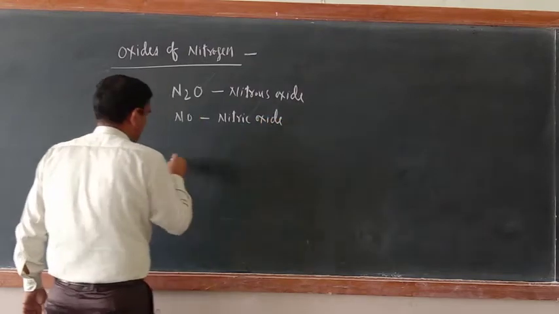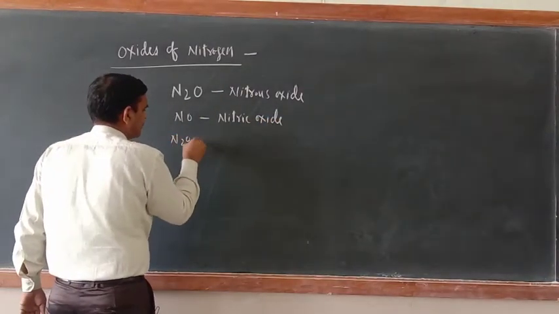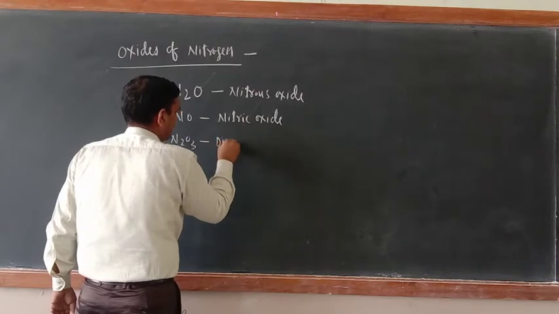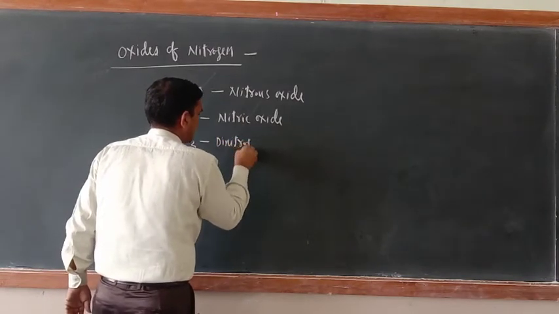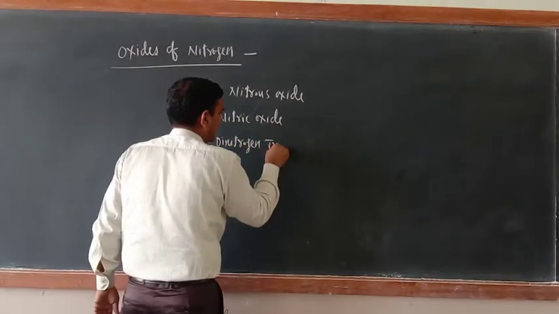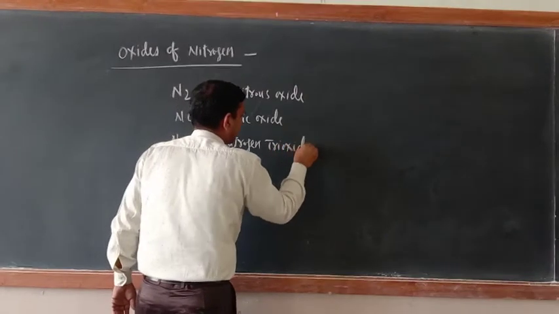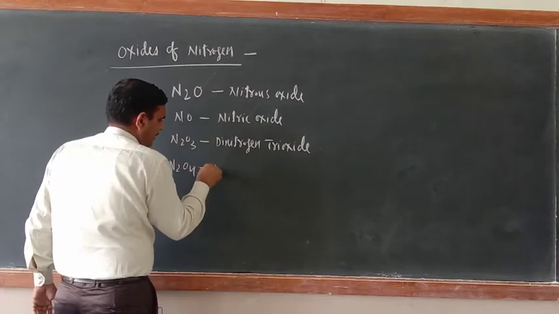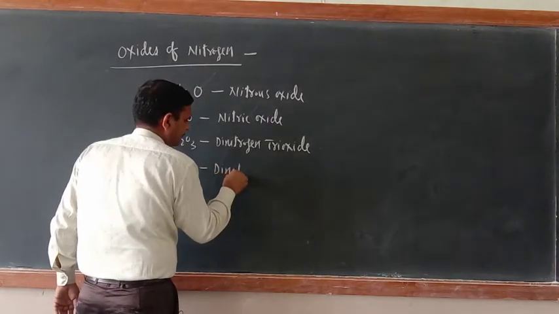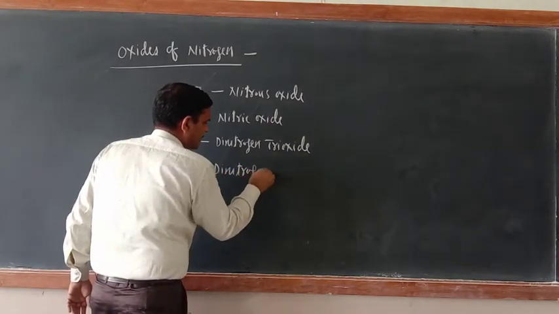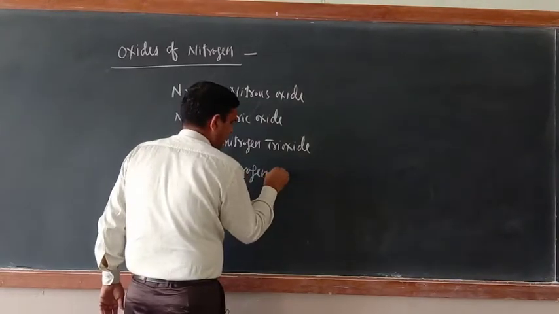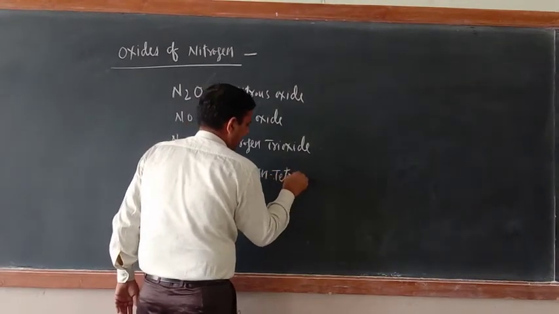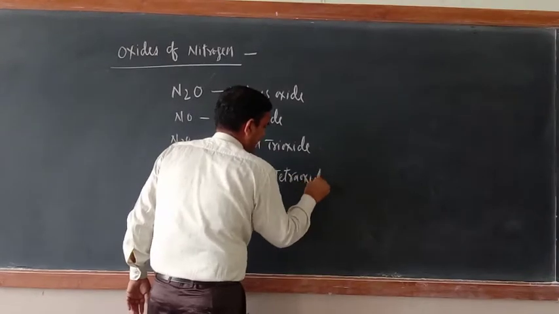oxide. Okay. Next one is N2O3, dinitrogen trioxide. Next one is N2O4, dinitrogen tetraoxide.